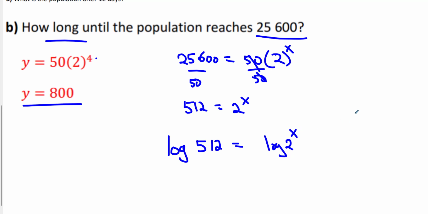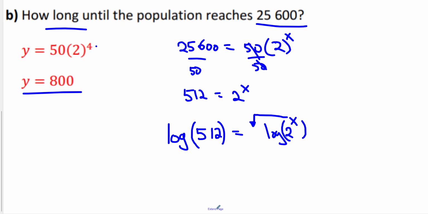And there's a special property when it comes to logarithms. Any number inside the logarithm, and by inside I mean the log is applying to what's inside the brackets, if any of those numbers has an exponent, you can take that exponent and write it out in front of the log. You're allowed to do that.